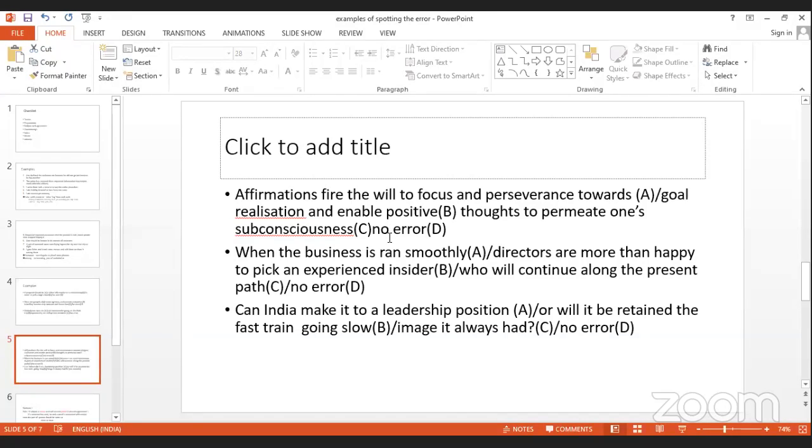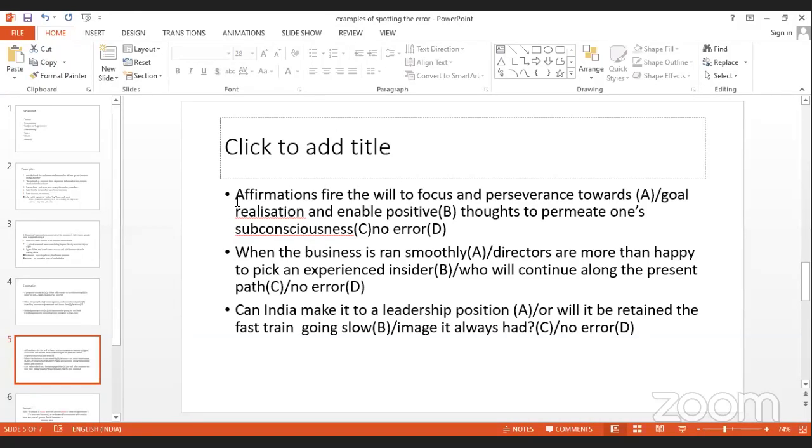If they are saying you have to circle, you have to circle. If a tick mark, you have to tick, or you have to put a black mark on it. If you feel that there is no error in the sentence, then you will mark it D. D is always no error.